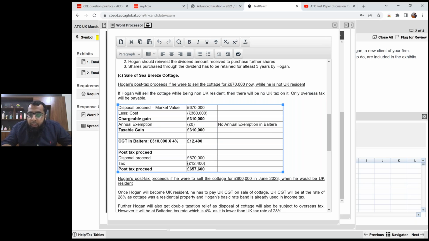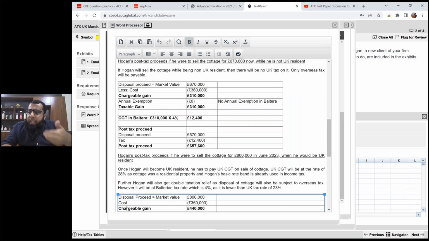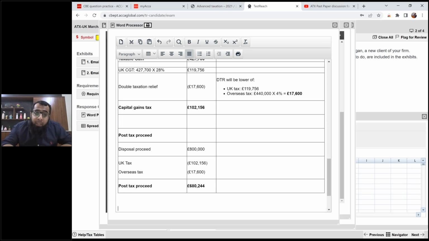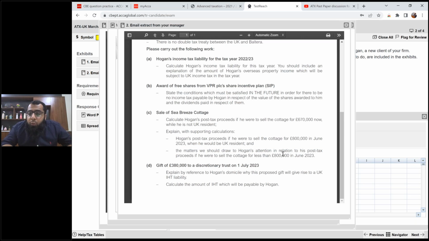In the UK residency part, there were chances of a few errors, but still it was not a technical one. But this thing which he has asked, the matters we should draw to Hogan's attention in relation to his post-tax proceed if he were to sell the cottage for less than 800,000 pounds, was a bit technical.